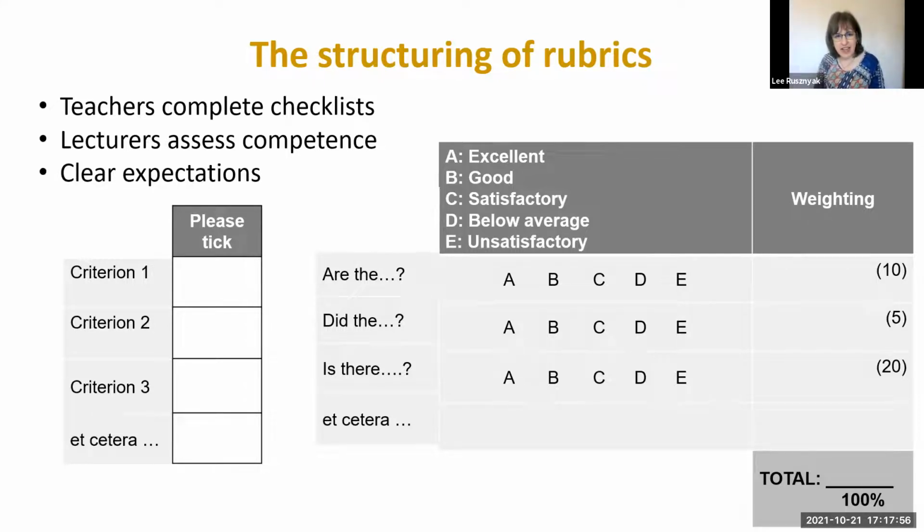But what we did find here was that the criteria were phrased as questions. Did they do this? Is there that in the lesson? And so there's a language of compliance that comes not only in the criteria, but also in the structure of how the rubric is set up.